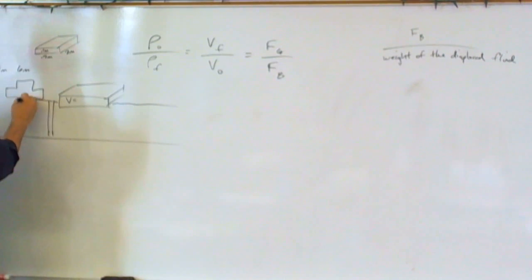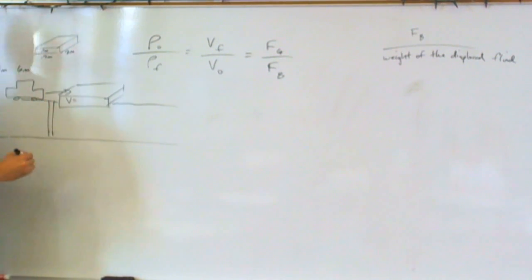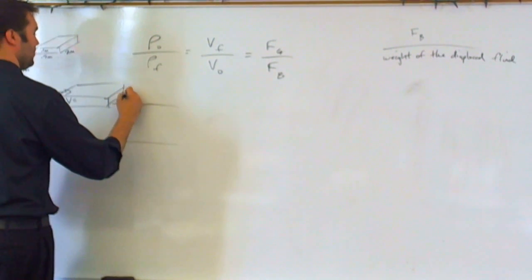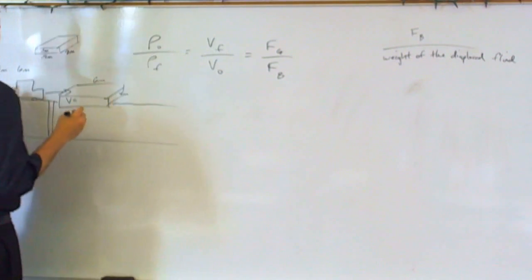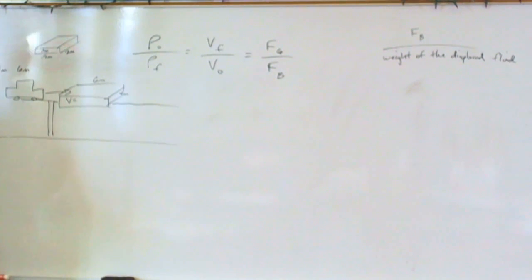What is the combined weight of the truck and the ferry? Alright, it's 4 meters wide, 6 meters long, which gives it a volume of. How deep is it? It doesn't say. It doesn't matter. Why doesn't it matter, Sue?